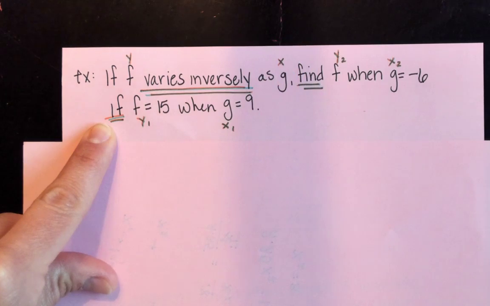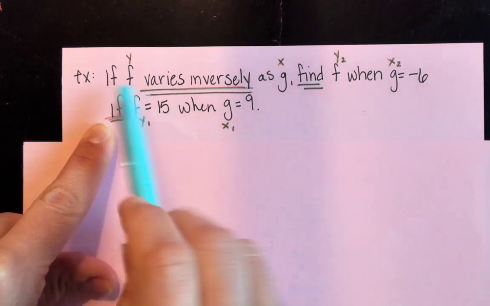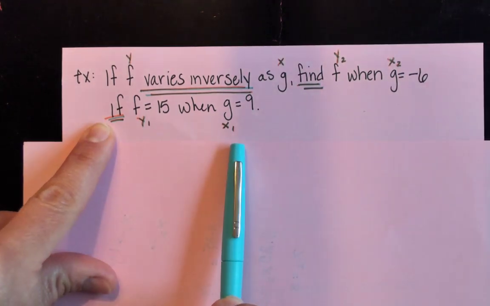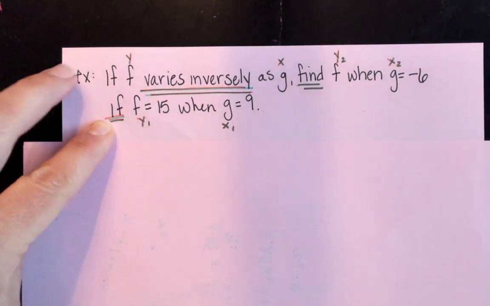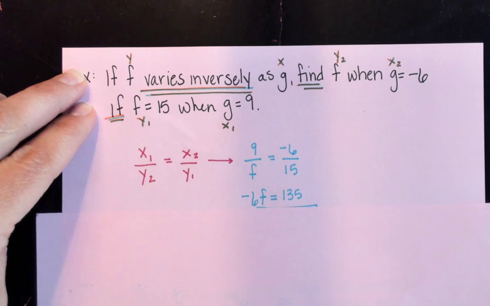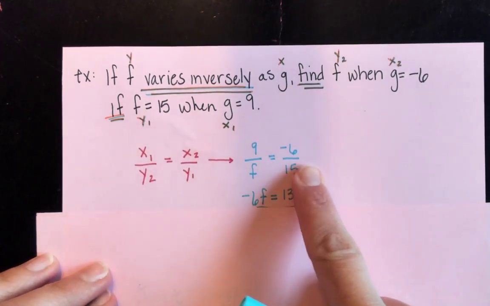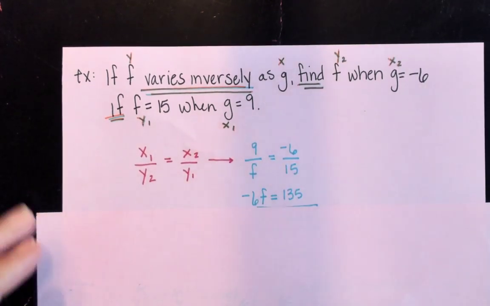So I've determined what kind of variation, I've labeled everything appropriately, proofread it to make sure, and then I have my formula, plugged everything in, and cross-multiplied to solve.